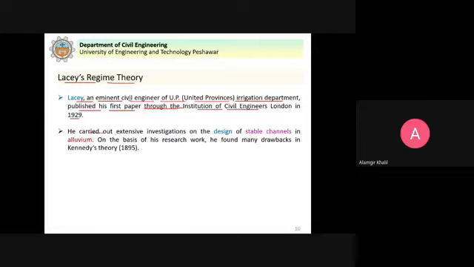He carried out extensive investigations on the design of stable channels in alluvium. On the basis of his research work, he found many drawbacks in Kennedy's theory.